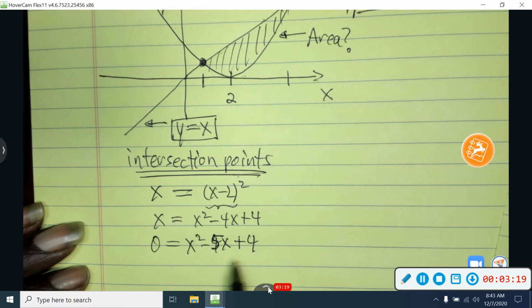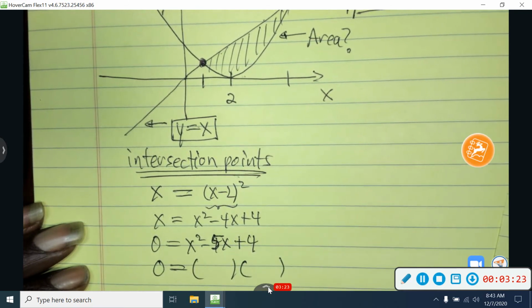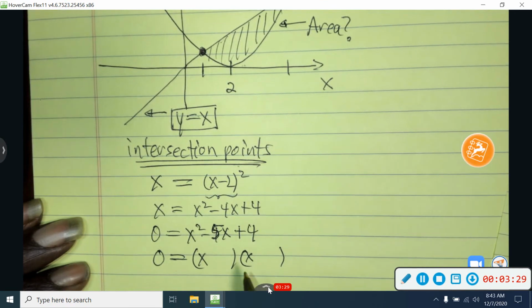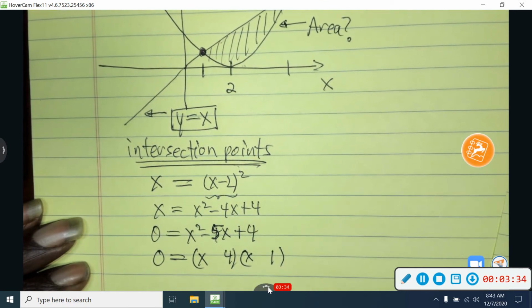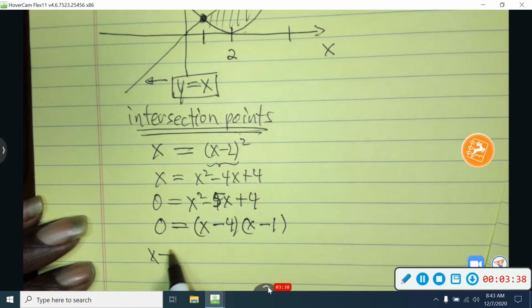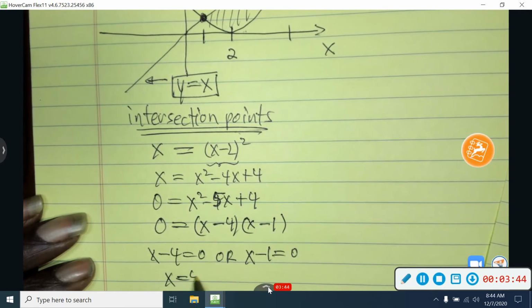Okay, and I'm going to factor it. So you get 0 is (x minus 4)(x minus 1). So x minus 4 is 0, or x minus 1 is 0, and you get the 2 points: x is 4, or x is 1.